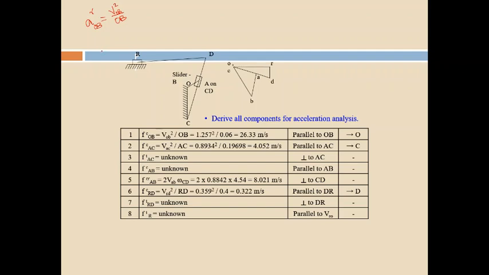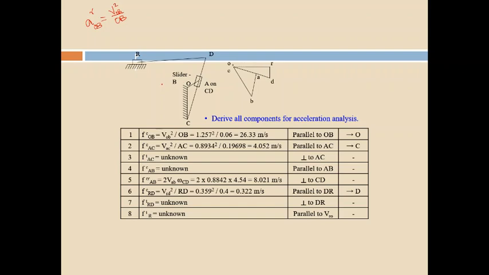Next we have the piston. In this case, the piston is sliding on the lever, and also it is rotating.